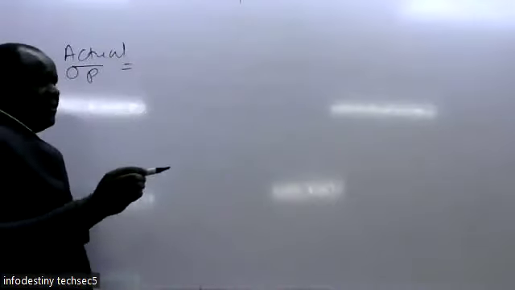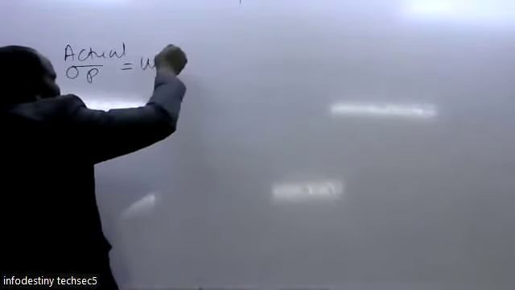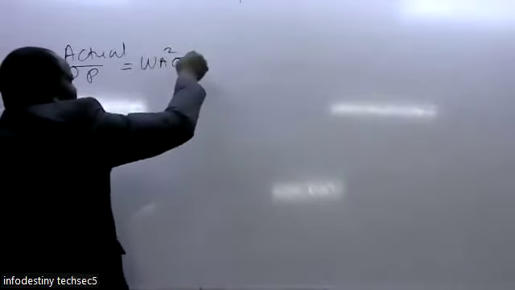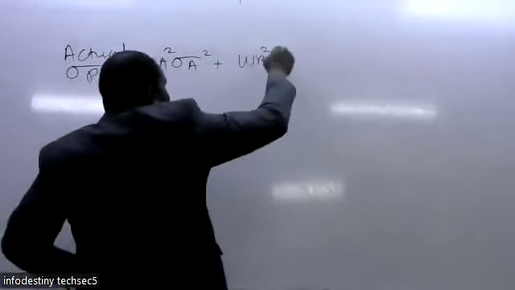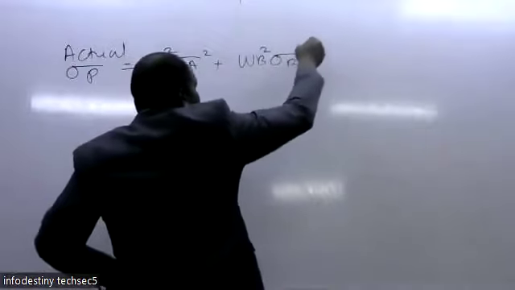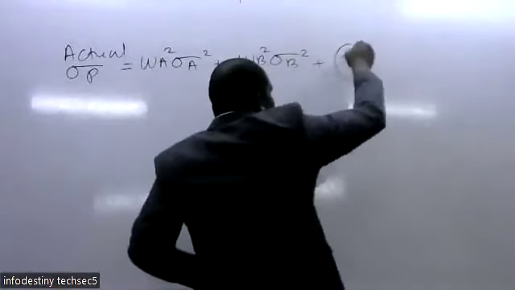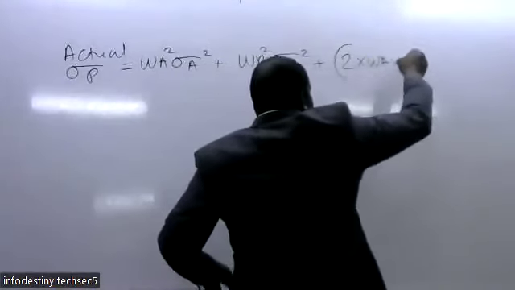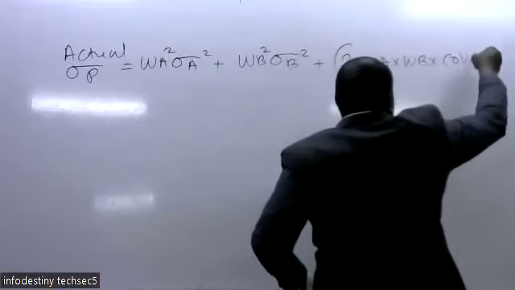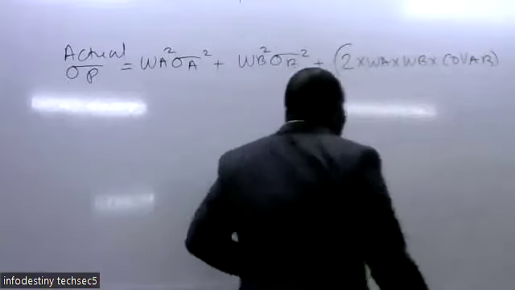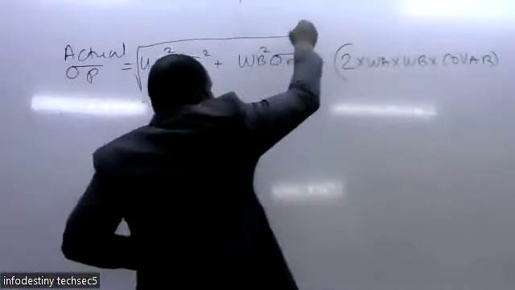For this question, it is A and B. So we take the weight of A squared, the variance of A. We add the weight of B squared, the variance of B. Then we also add 2 times the weight of A, the weight of B, then the covariance between A and B. Then get the square root.